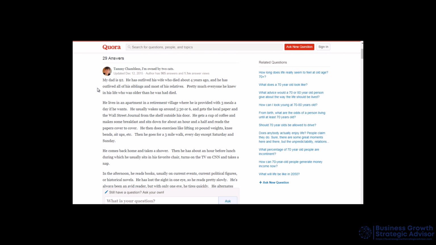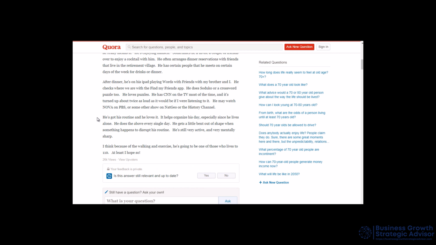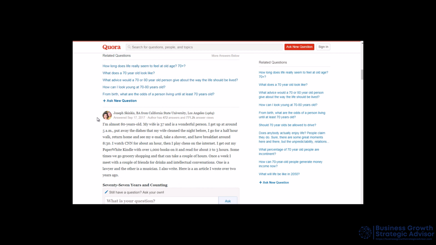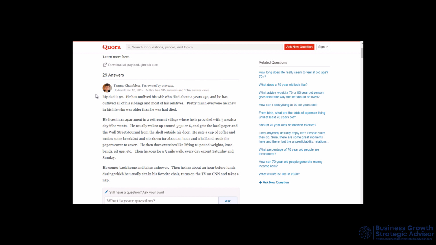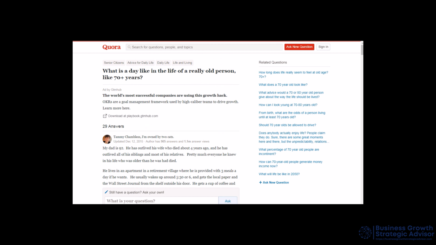So we scroll down, it says my dad is 92, he has outlived his wife who has died, and so on. And what I recommend that you do is just read through this and try to get a better understanding of your audience. And not just read one or two or three, but try to read as many as you can, maybe from Quora.com.